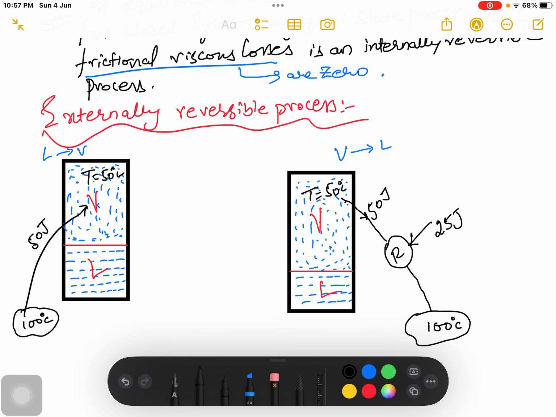Totally, the heat interaction will be 75 joules.